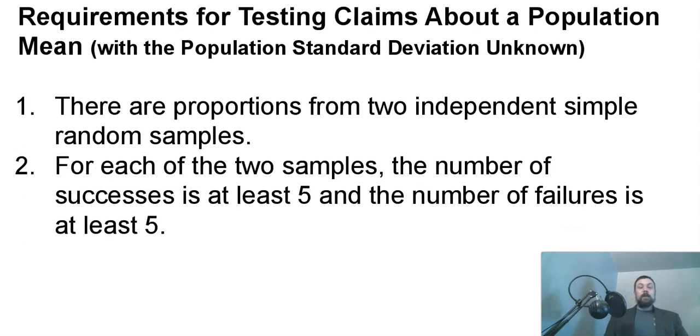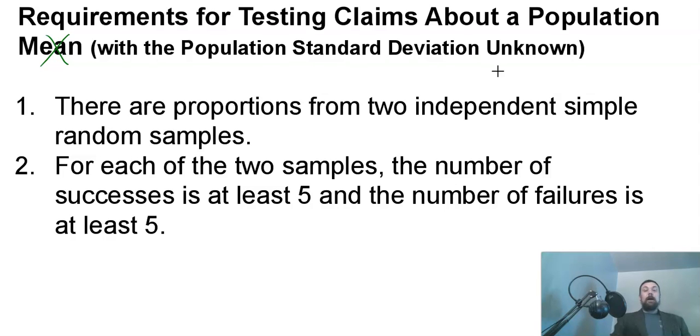The requirements for testing claims about a population mean, I did the same thing again. I just did this in the last video. And this is the thing that was supposed to be there in the last video, and it wasn't because I left it as proportion. I'm pretty sure. No, I was on the test statistics screen, but still, same mistake. Copy and paste, and then I forget to change the title, so I apologize for that. So the details here are correct, but the title didn't get changed.